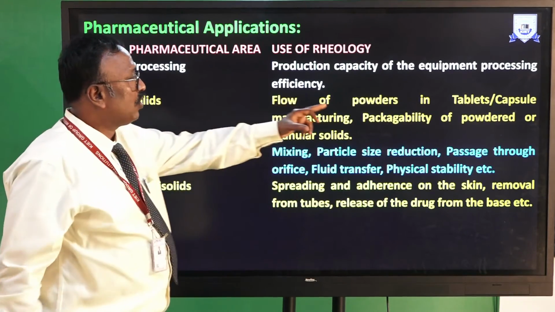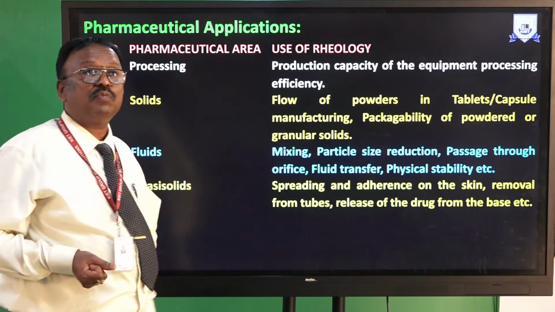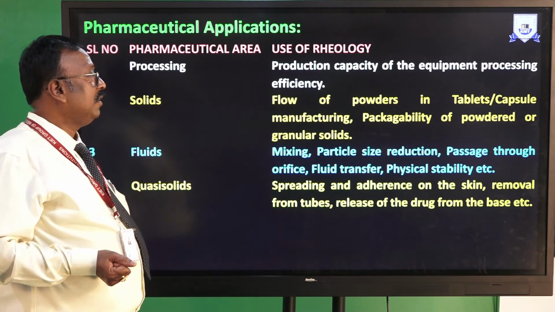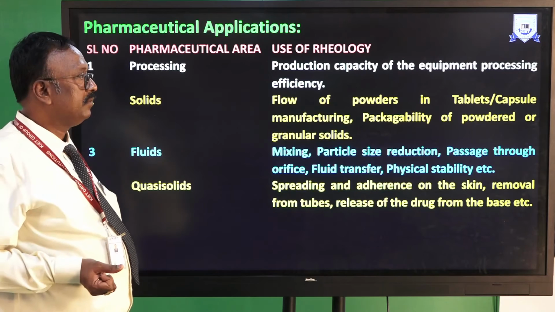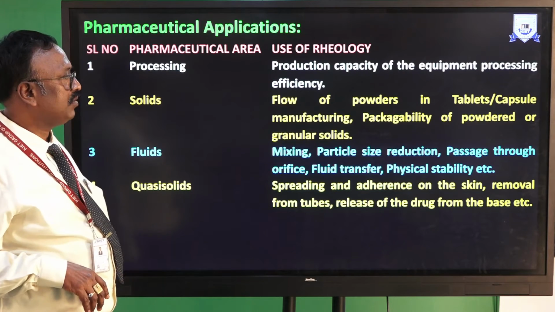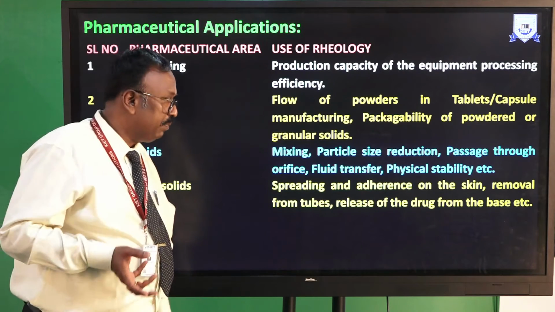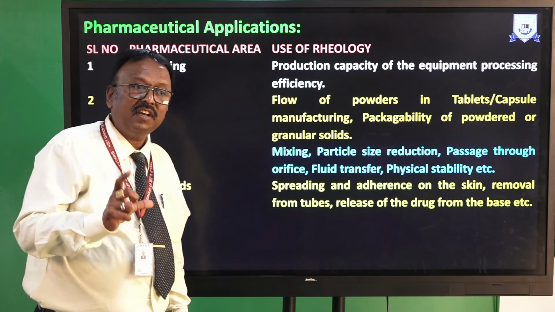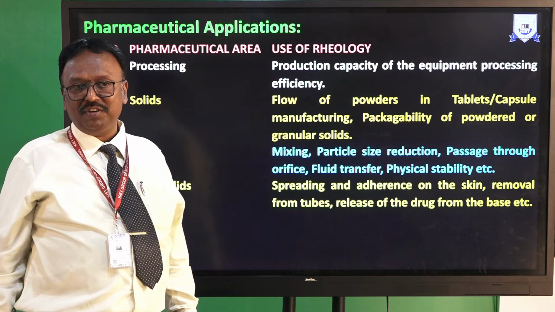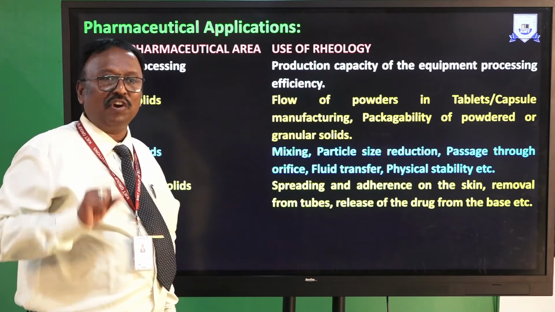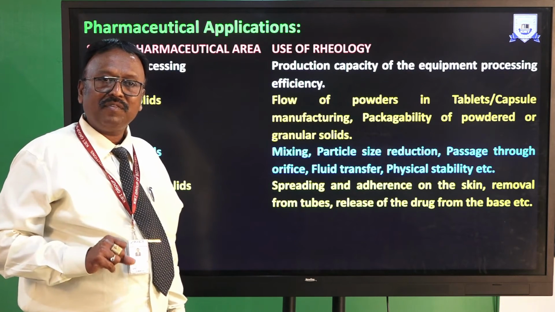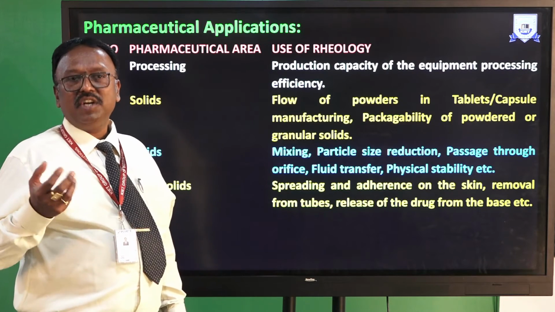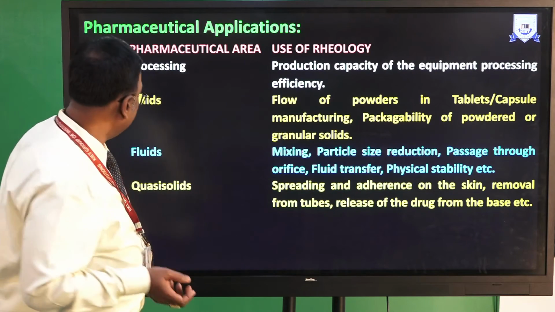Solids means flow of powders, especially for tablets as well as capsules: the manufacturing of tablets and capsules, and the packaging of powders and granular solids. For this, the rheology concept plays an important role. If you have proper rheology, we can definitely manufacture tablets and granules very easily.